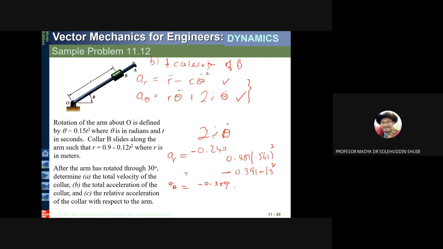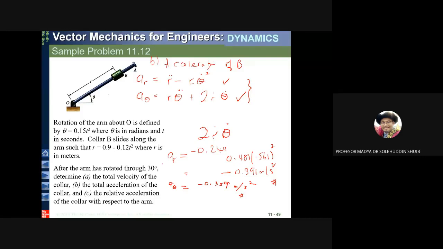The unit is meter per second square. So this is the value of AR and A theta.